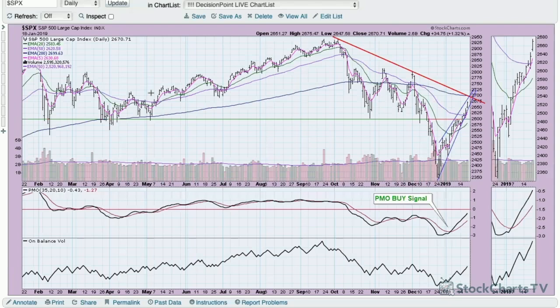And honestly, the mid caps and small caps also have a lot of similarities to the large caps. So I'll point out the major things that are going on with the S&P 500, and then I'll probably be referring back to that throughout the show.